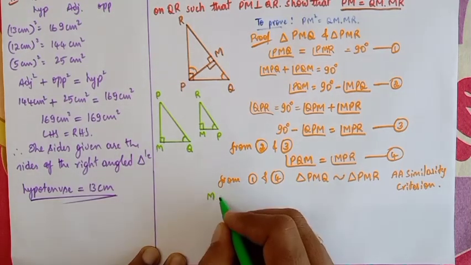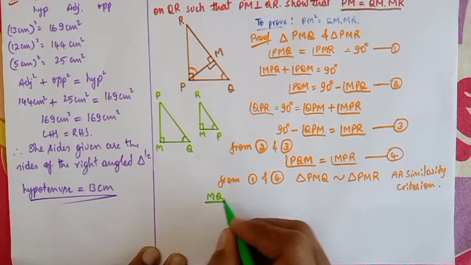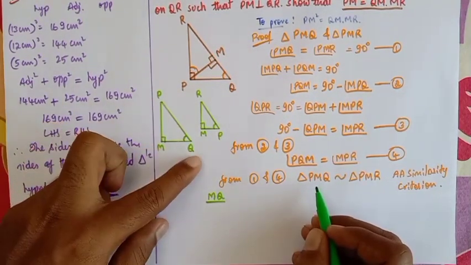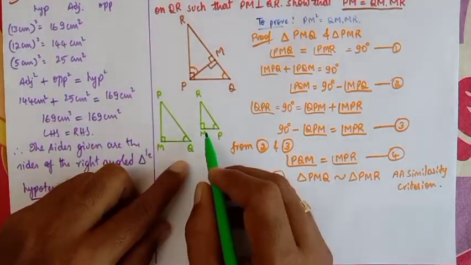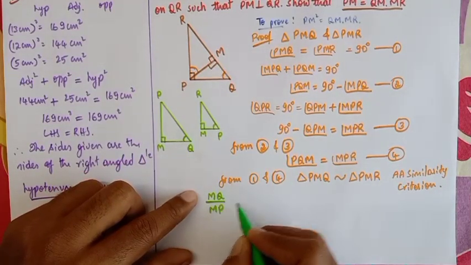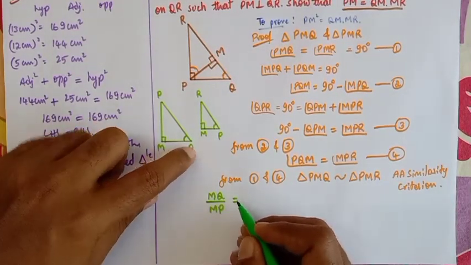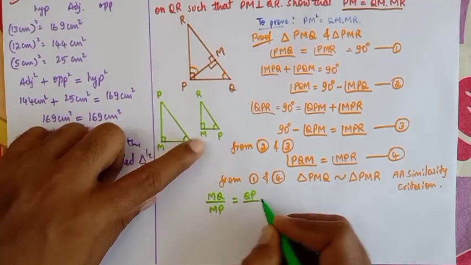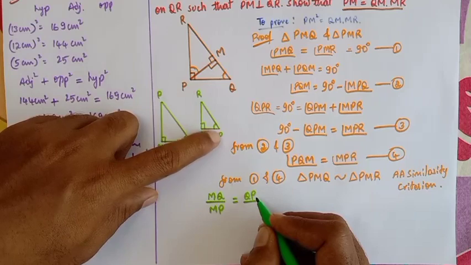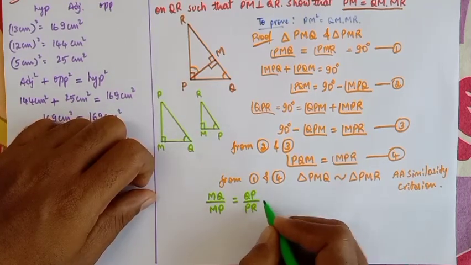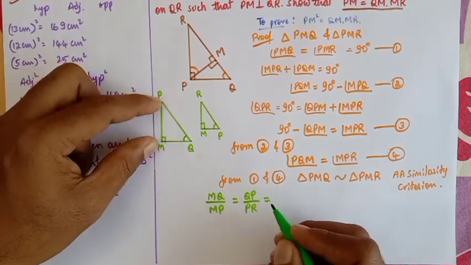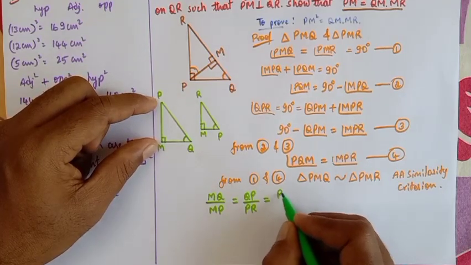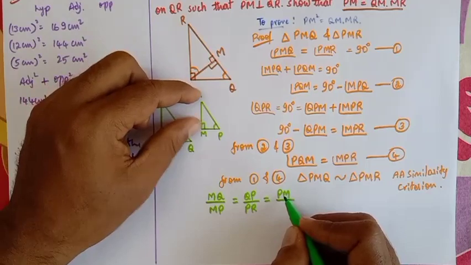MQ by, as you have taken PMQ, so MQ by MP is equal to, here I will be taking the hypotenuse, so QP by, here also you can take PR, and then the remaining is this one, so PM by RM.